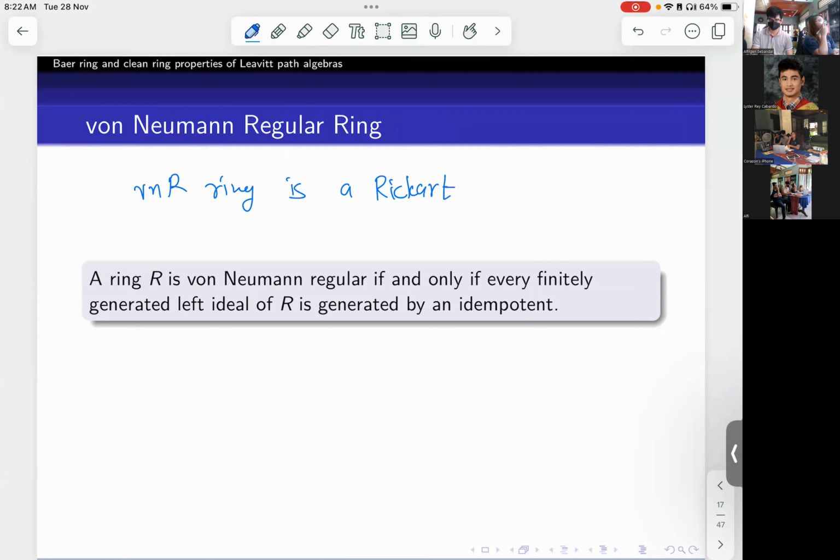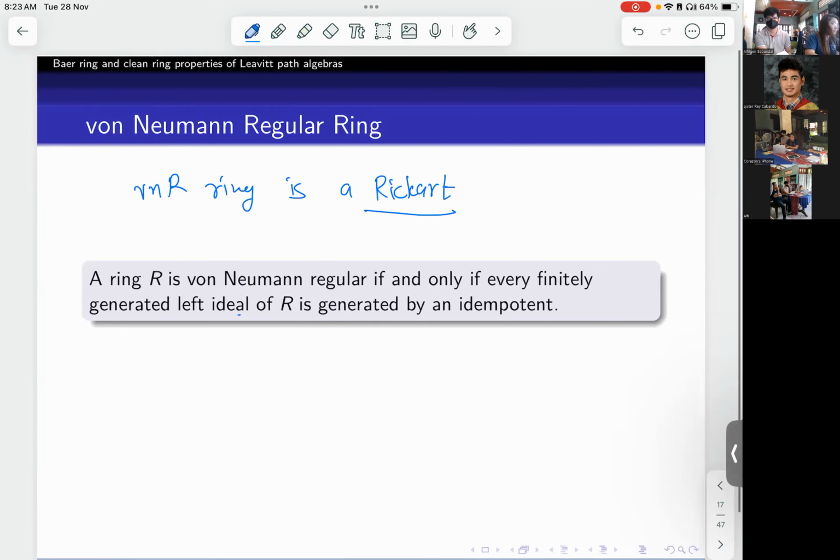When I say that a ring is von Neumann regular, this remark says that every finitely generated left ideal, and so the annihilator as well, would be generated by an idempotent, and if the annihilator is generated by an idempotent, it's called a Rickart ring. So let's see a short proof of this.